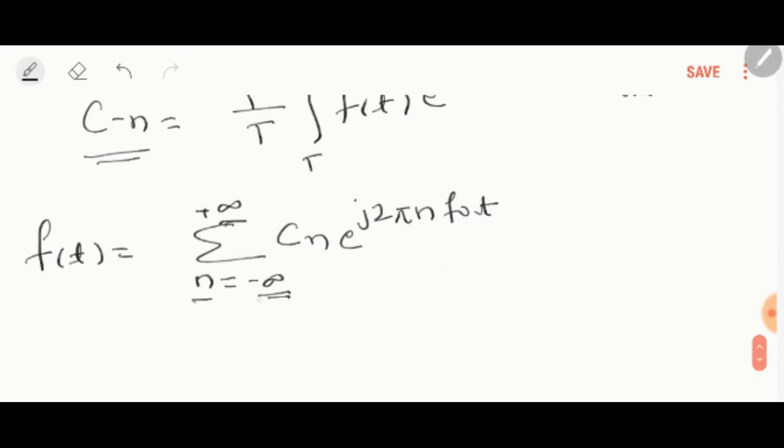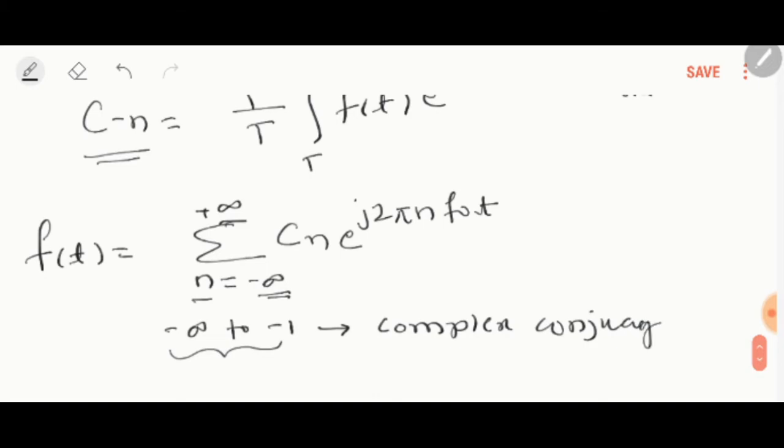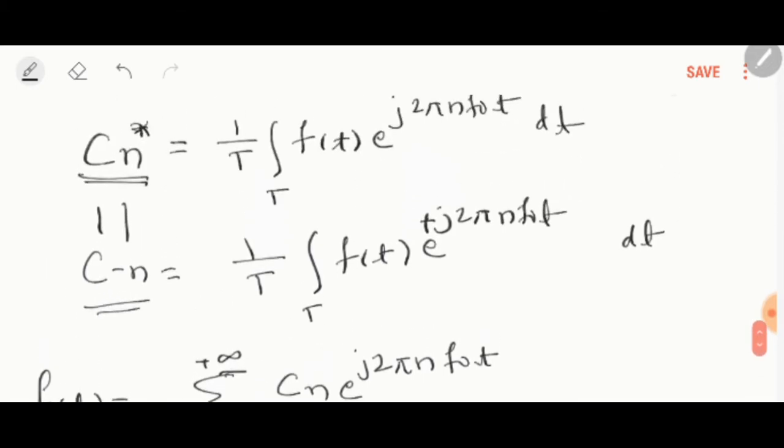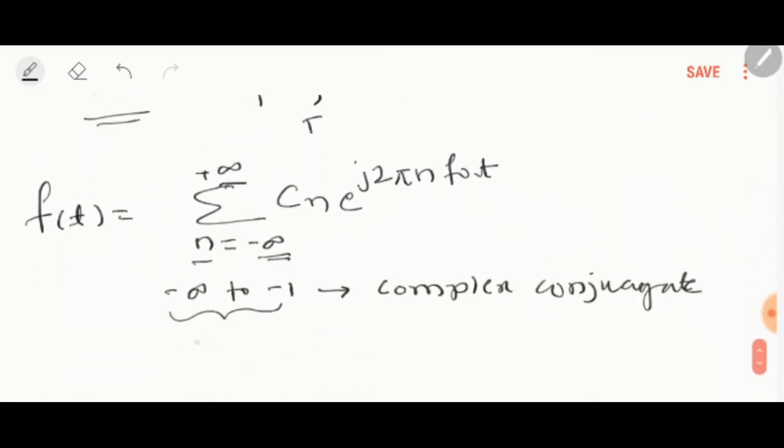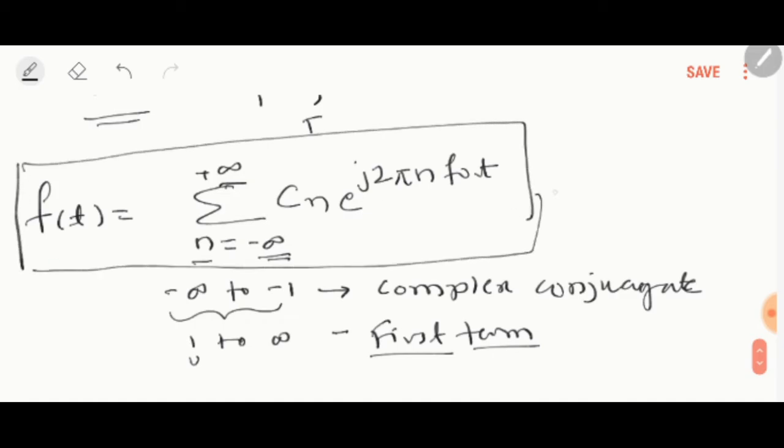In this, the limits from minus infinity to minus 1 will be covered for the complex conjugate term, because C of minus n is equal to Cn conjugate. And from 1 to infinity or 0 to infinity will be our first term, that was the original term Cn e raised to power j 2 pi n f naught t. So in this way we can reduce this equation and write it in short like this.